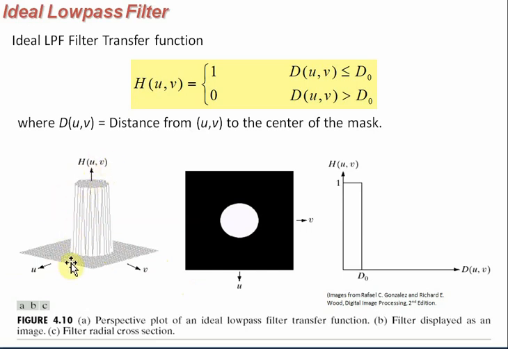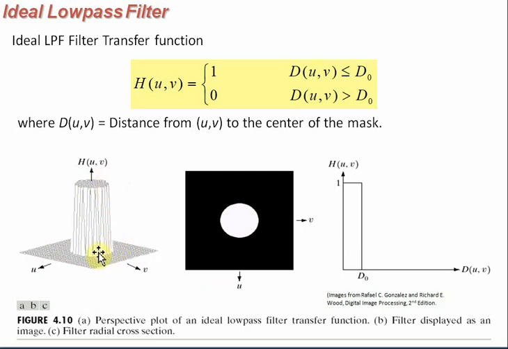At the lower point, that is u0, v0, the origin position, near the origin we have the higher intensities. As u and v go on increasing, the intensity levels become 0. So there is an abrupt change from higher intensity to lower intensity.